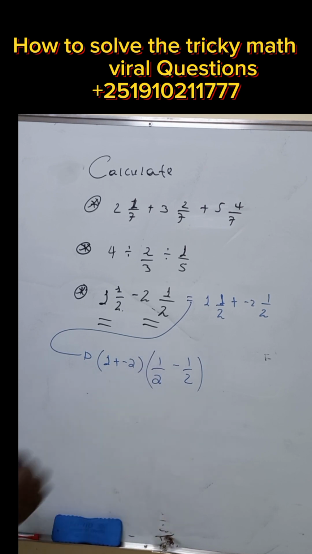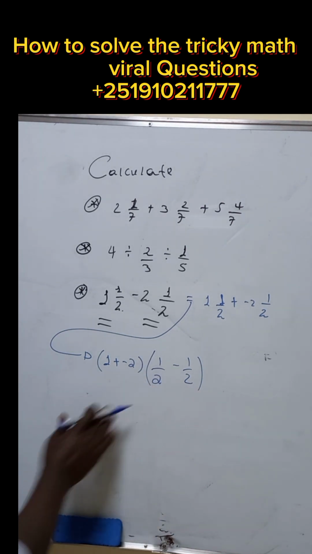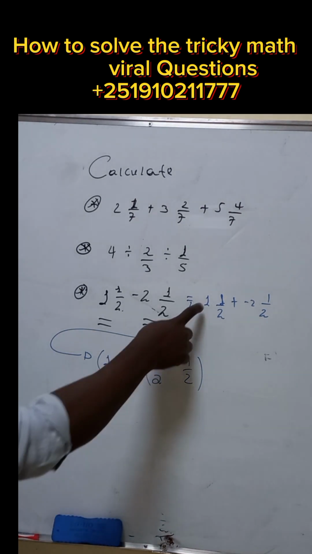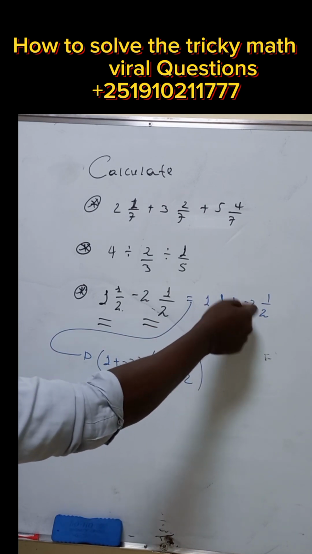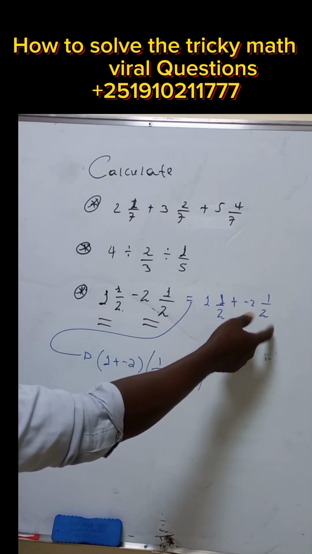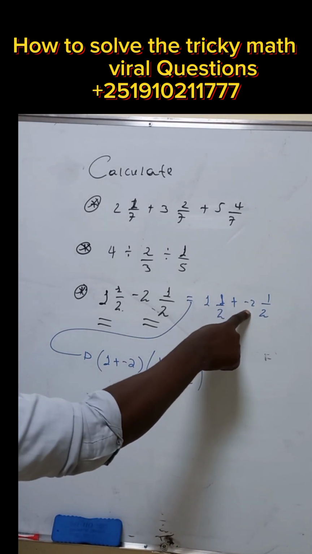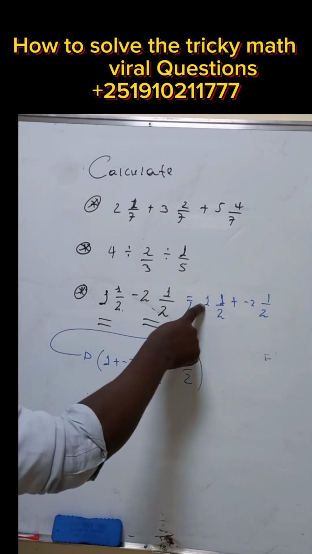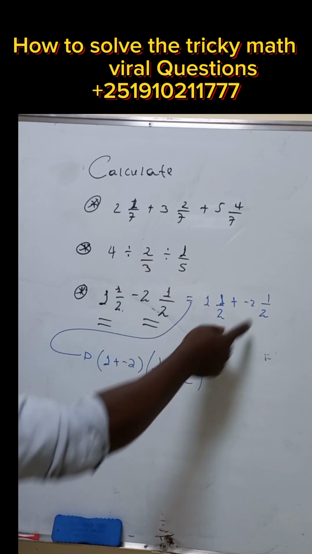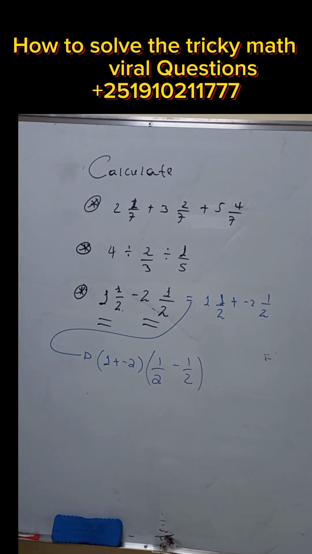You have to know this principle, because this sign will work for this one and this one again. This is not only for negative 2. So when you bring negative 2 here, the sign for this is still there.